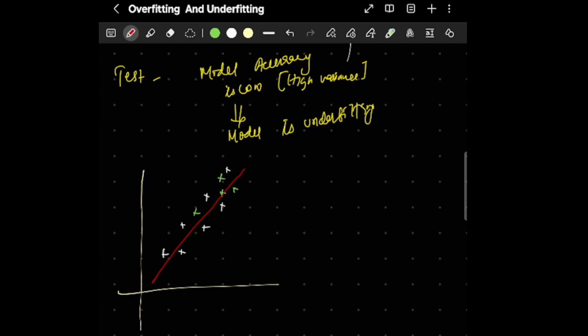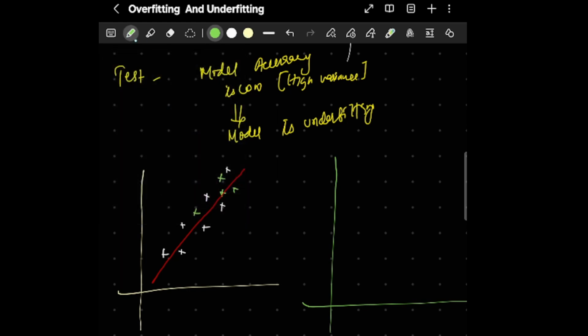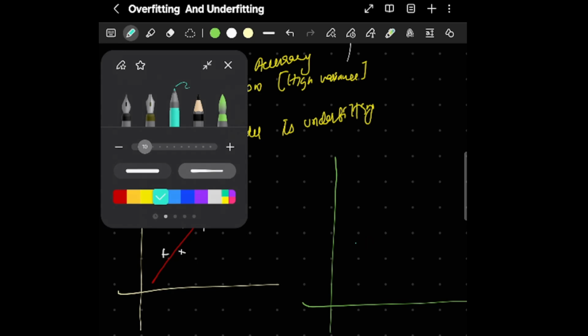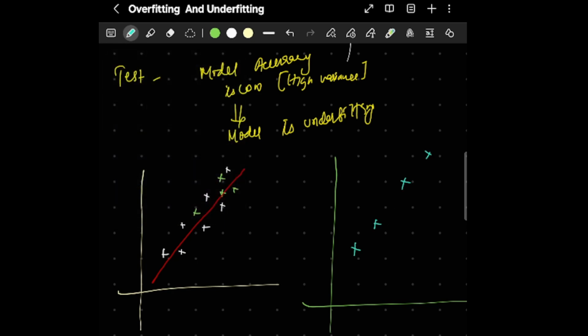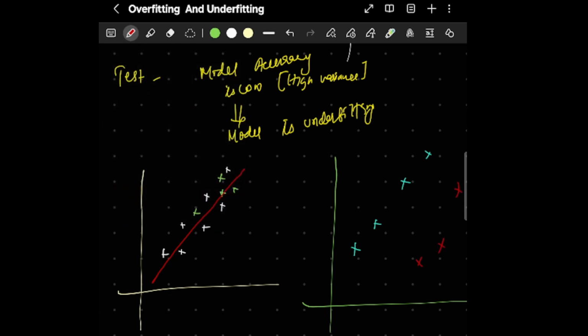But in overfitting, the test data is available this way, but the train data is available in this way. So the best fit line goes this way.